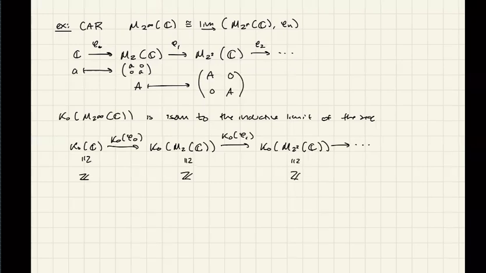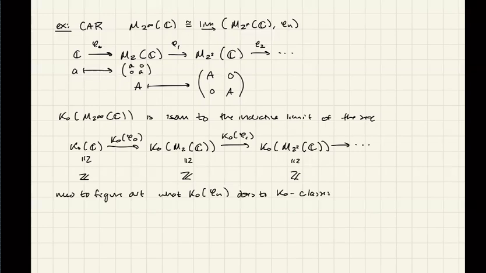I have an integer copy in each term. So in order to determine what the inductive limit of this sequence is, I need to know what these maps are doing to our K0 classes. So we need to figure out what K0 of phi n does to our K0 classes.